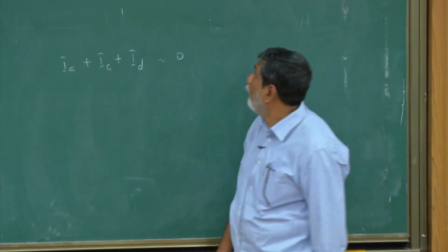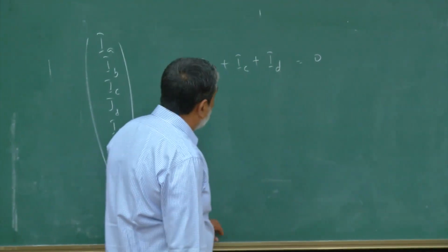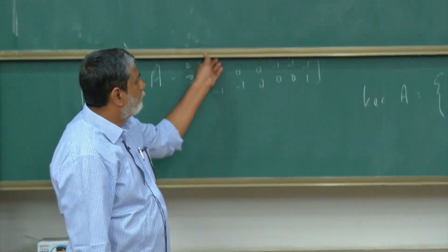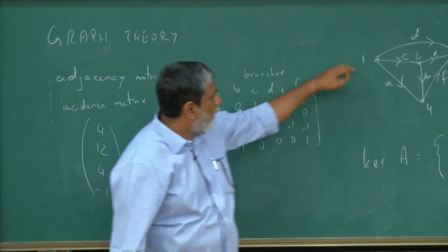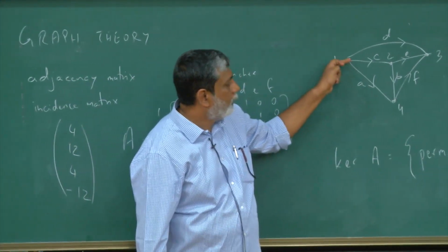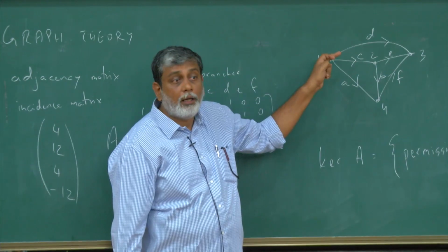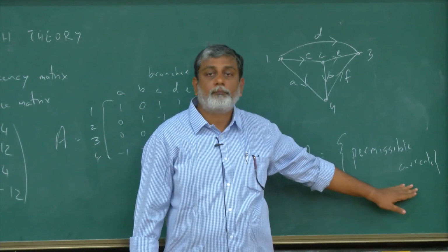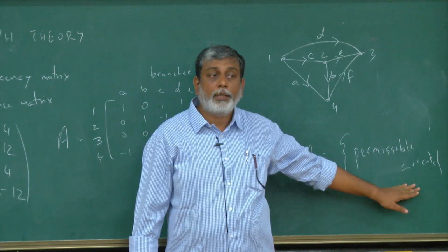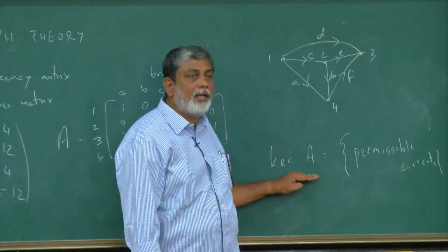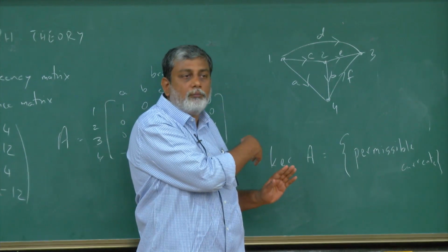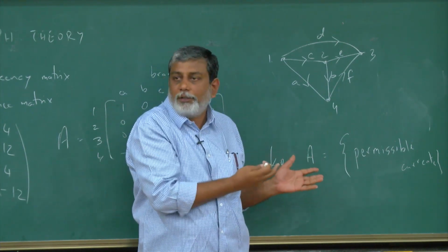Now, look at node 1. I am claiming kernel of A are the permissible currents. So kernel of A is all those vectors which will map to 0. So the first entry should be 0, right?